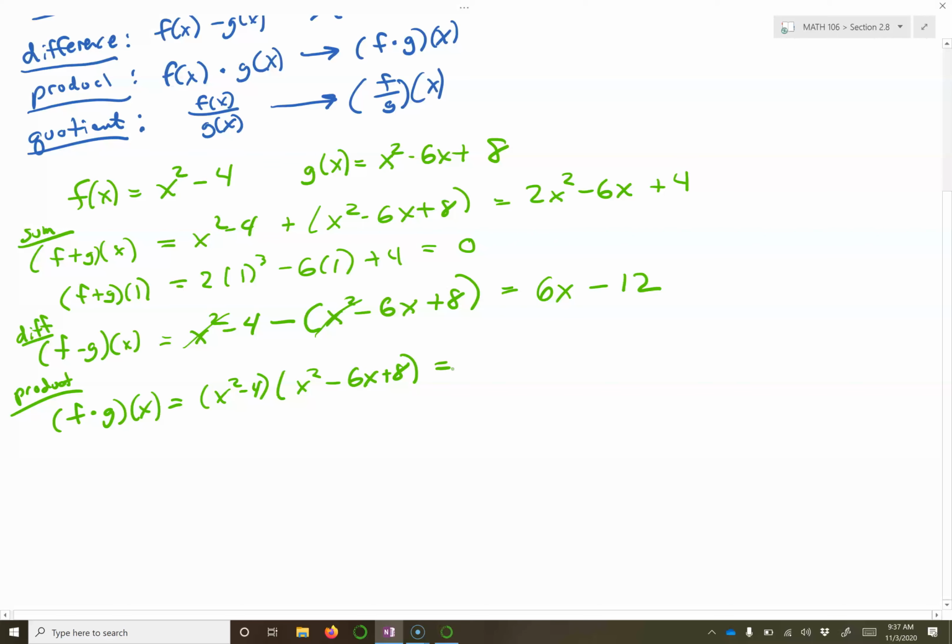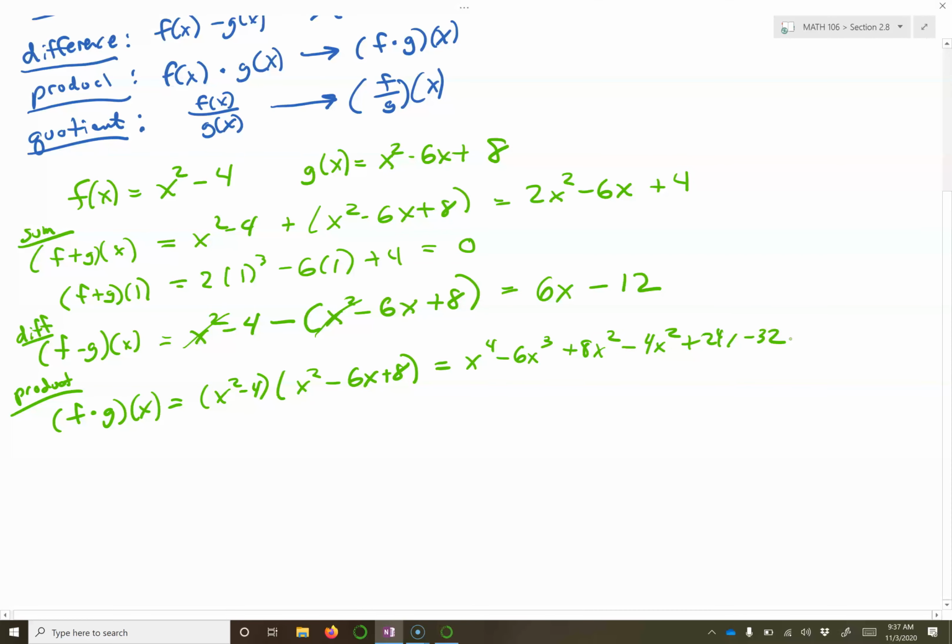So let's just distribute the x squared and everything. You get x to the 4th minus 6x cubed plus 8x squared minus 4x squared plus 24x minus 32.